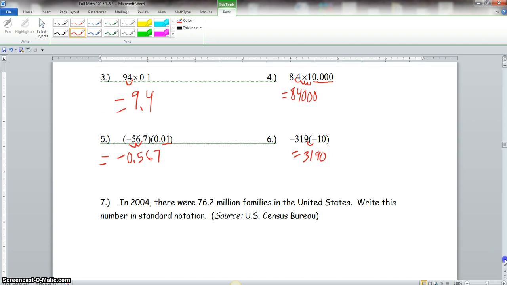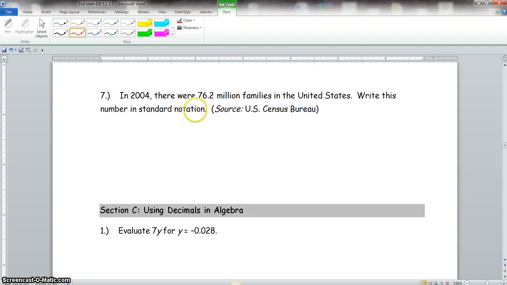Okay, now we move down to problem number 7. It says in 2004 there were 76.2 million families in the United States. Write this number in standard notation. Standard notation is the regular way we write numbers. So this is 76.2 million. Now the 76 would be in the millions place, which would be the 10 million and the millions place.